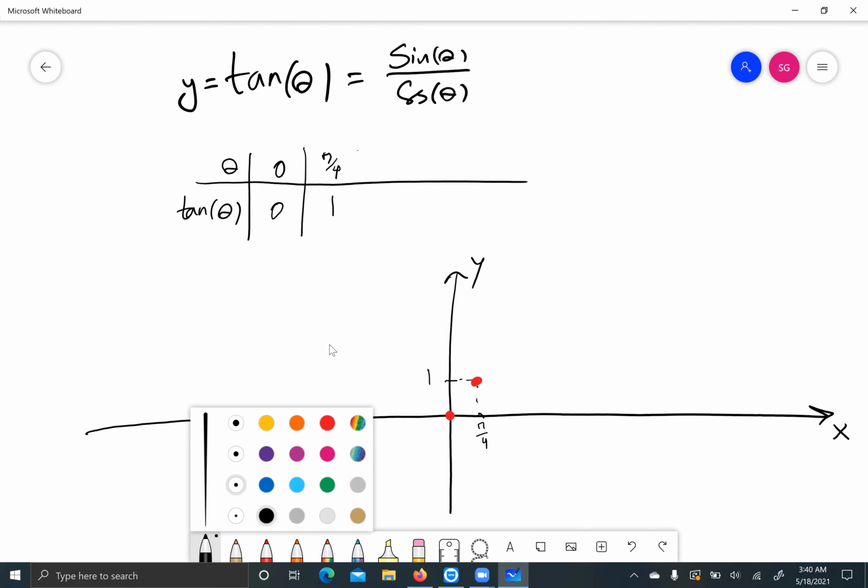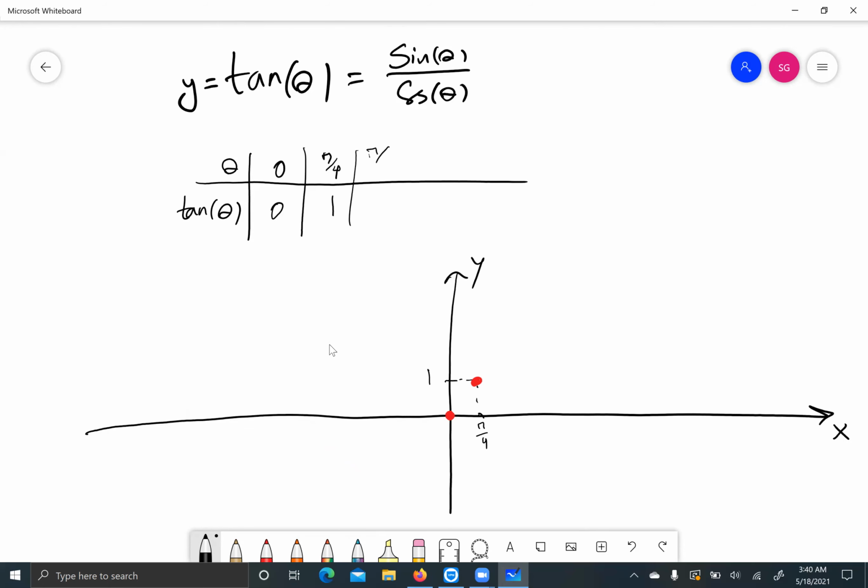At pi over 3, sine is square root of 3 over 2, cosine is half, so tangent is going to be square root of 3, about 1.7, and so on, up to pi over 2.